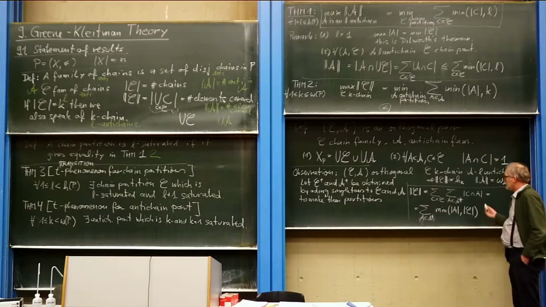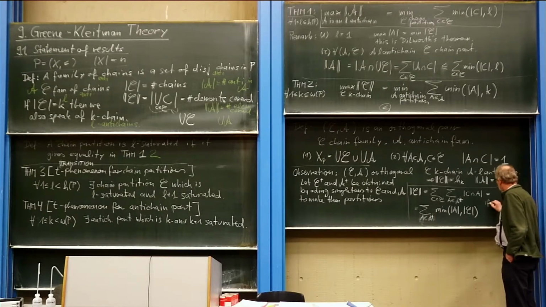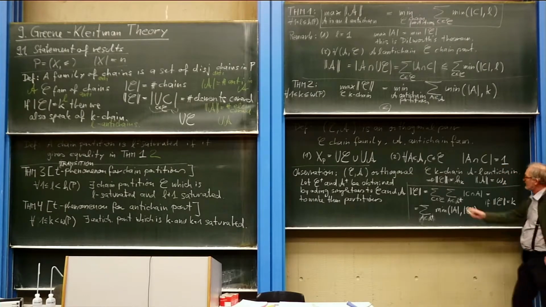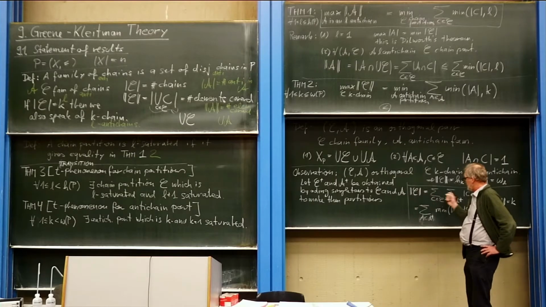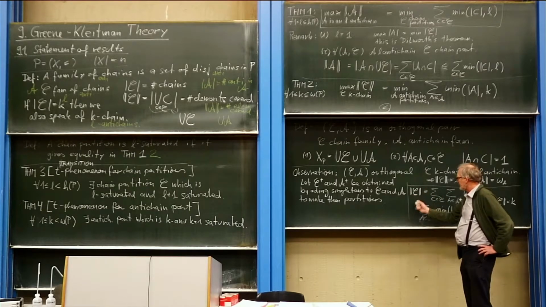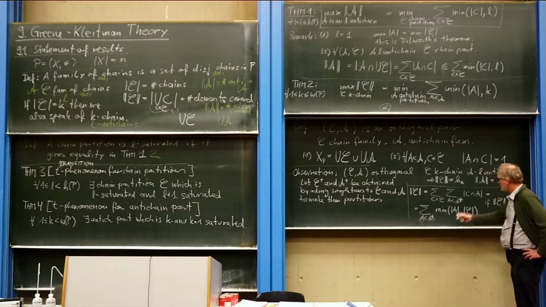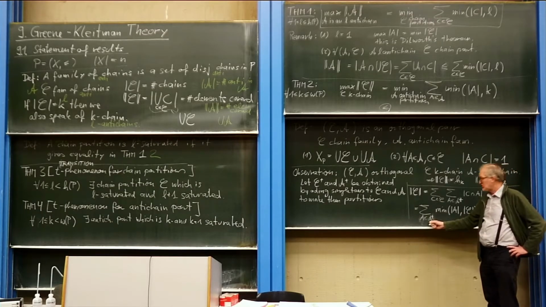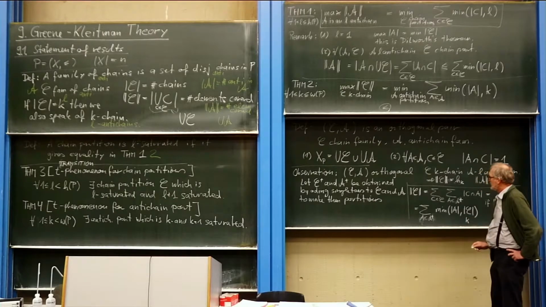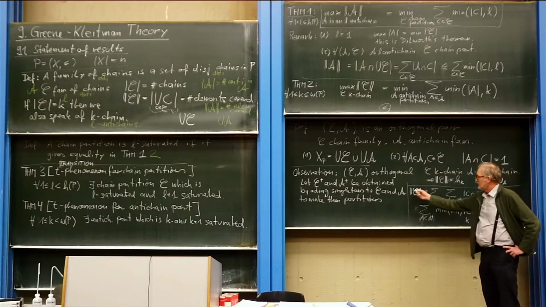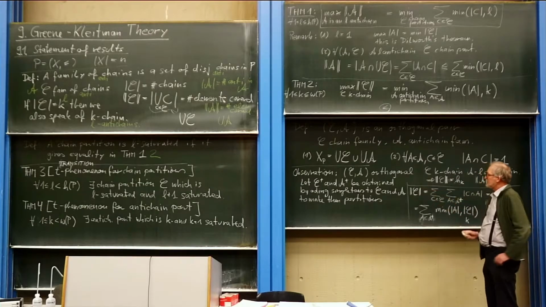So if this is equal to K, then we have a K-chain family where the number of elements covered is equal to the contribution of this anti-chain partition, where here we have a K. And this proves that these are both optimal.